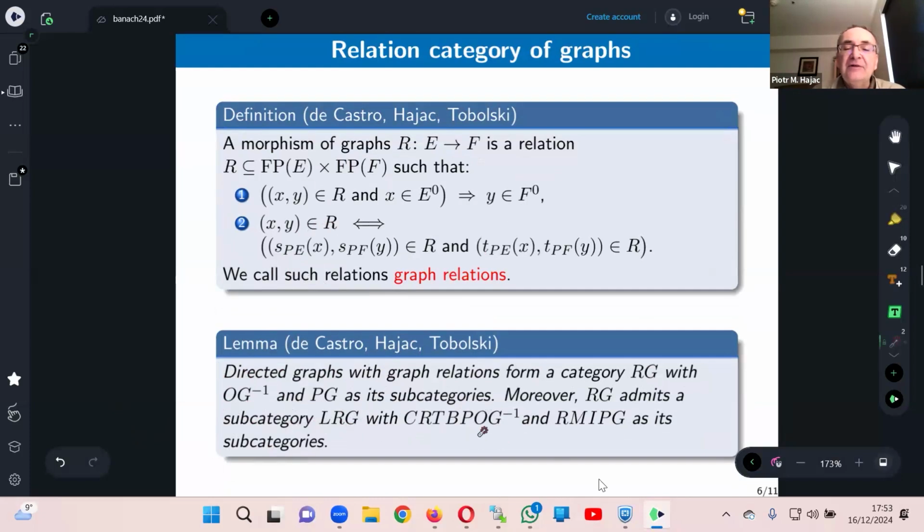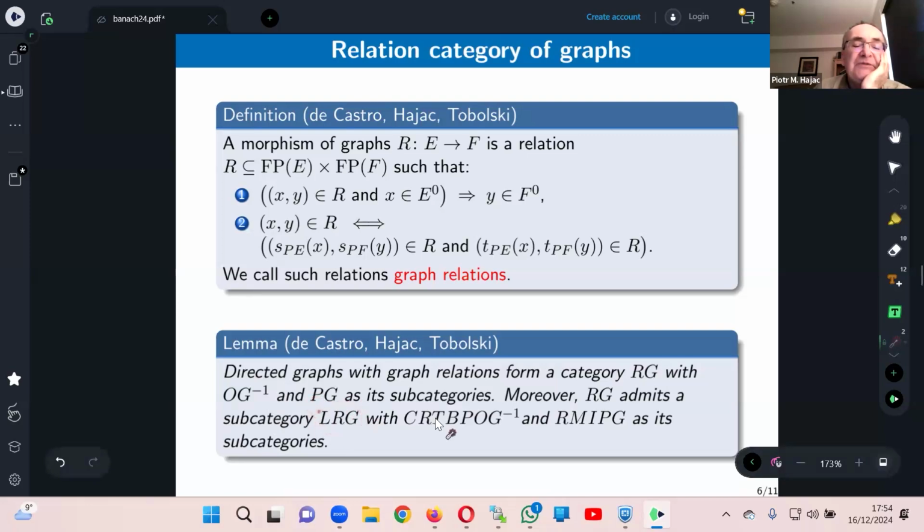So you have a subcategory here, and moreover, and this was really hard, this happened because I went to Brazil, and then I realized that it's really essential to have Gilles as a collaborator for this project. We were working very hard on this, and this was not an easy thing.